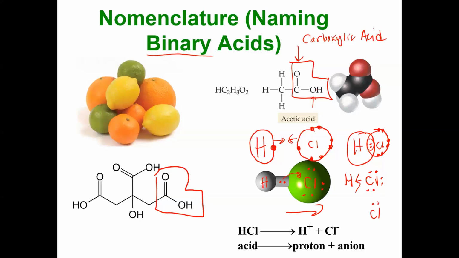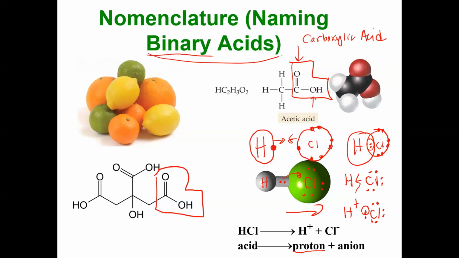I'll end up having a chloride ion that was stolen from the hydrogen, and what's left is what's called a hydrogen ion or a proton. Why a proton? All a hydrogen is a proton with an electron around it. So that's why the hydrogen ion is called a proton.